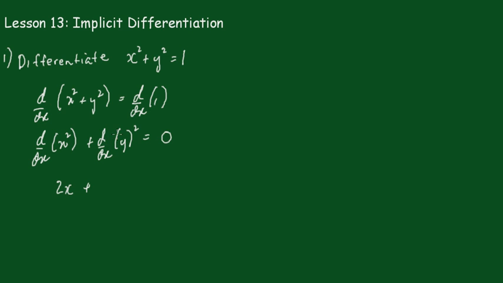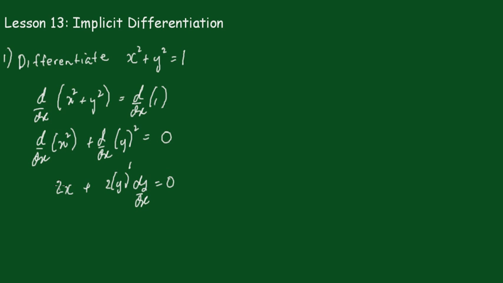Now here, we'll treat this as a function. So if I differentiate this function, the 2 will come down, and we'll reduce it by 1, and we differentiate what's inside the brackets, which is just dy/dx. And that's equal to 0.